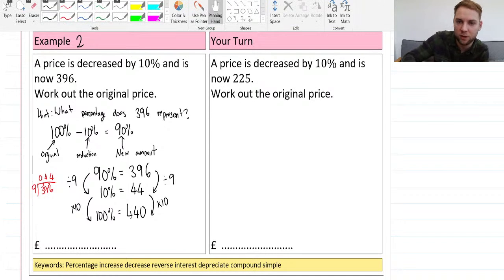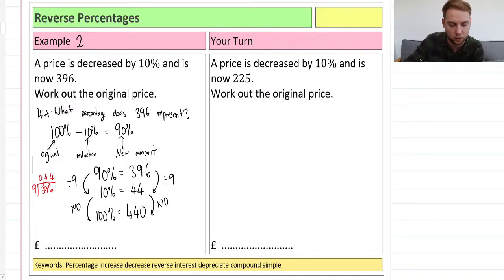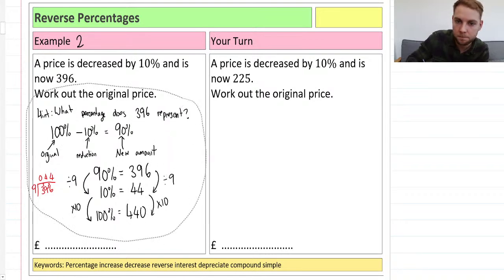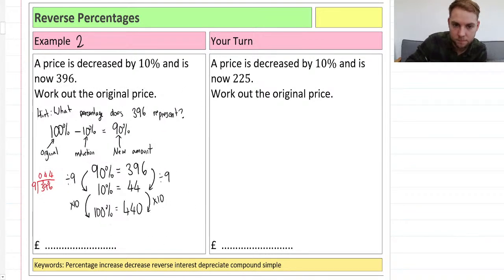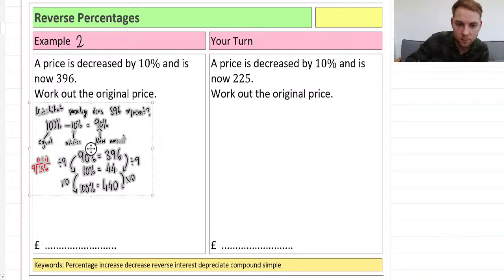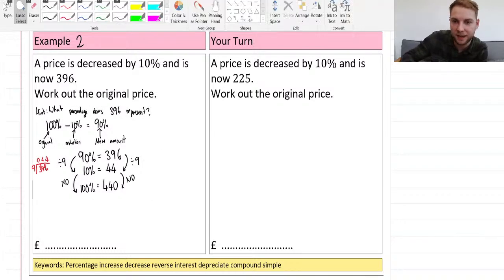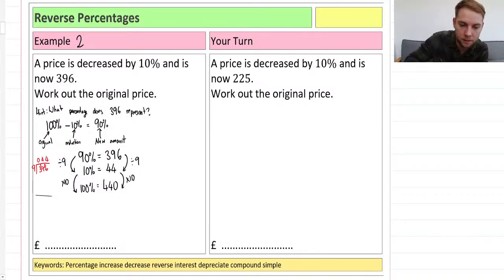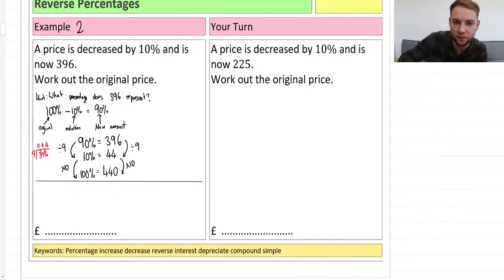Okay. Now I'm just going to write this down here. Maybe I'll make this a little bit smaller, and we're just going to make a little note here. So this is for non-calculator methods.